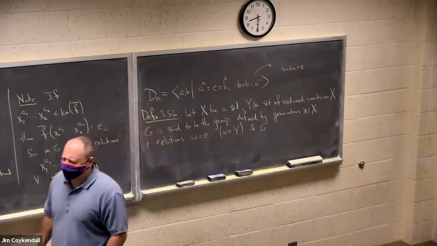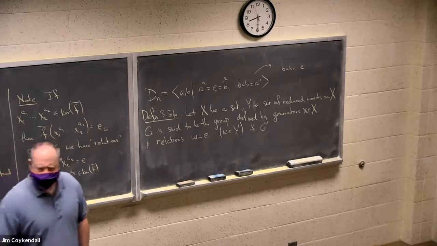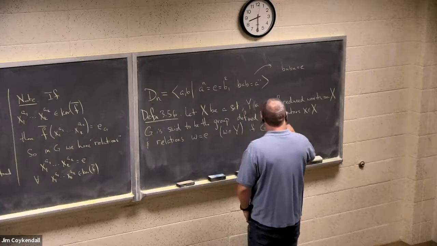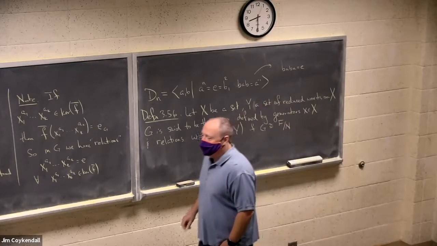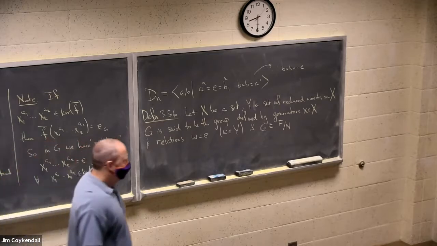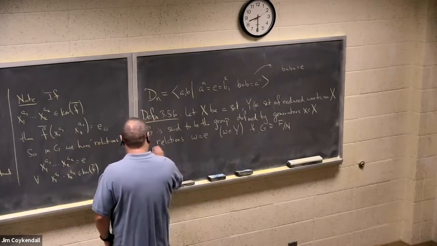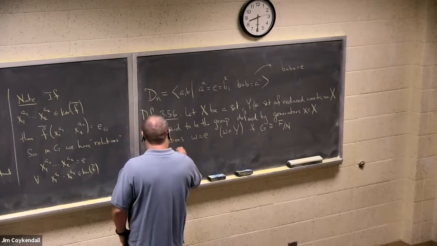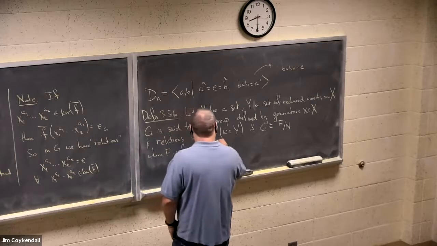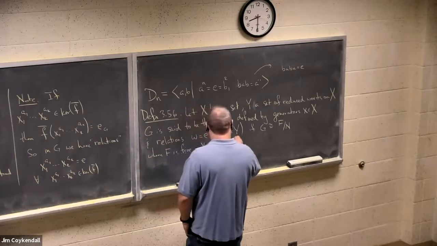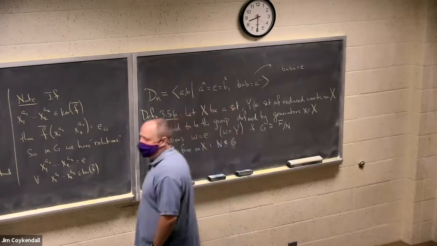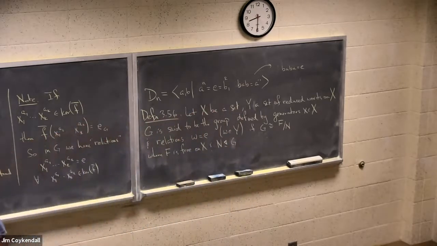Is, we'll say, isomorphic to F mod N, where F is free on the set X. And N is the normal subgroup of G, generated by all the words.